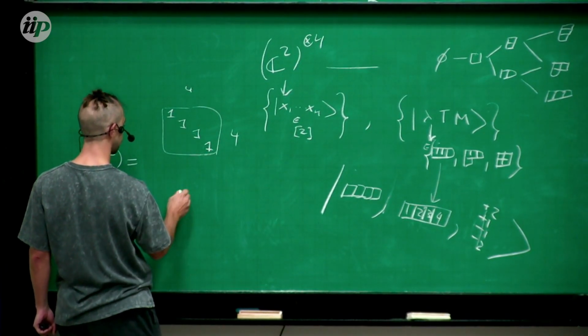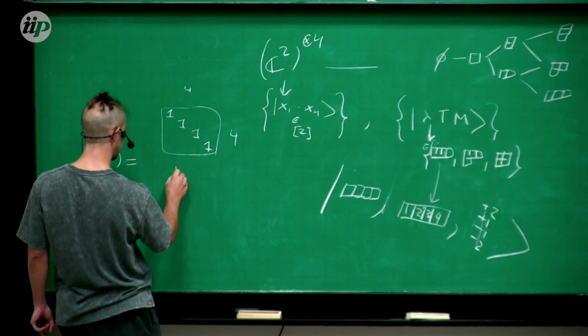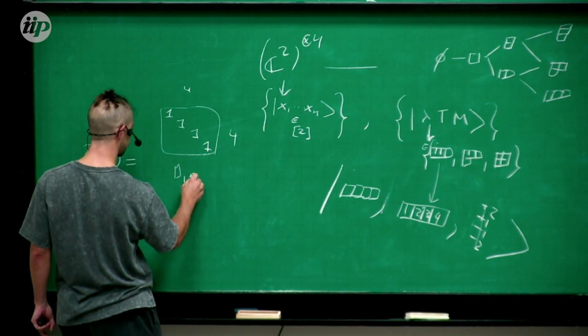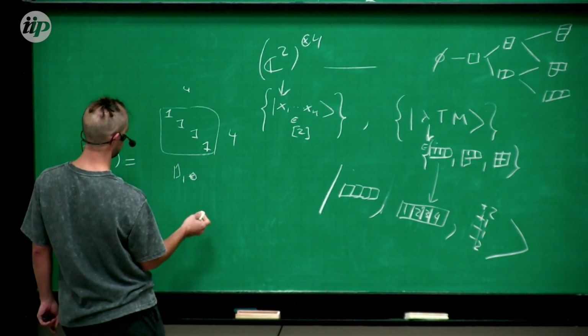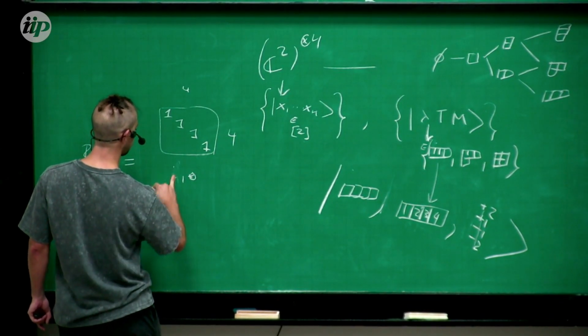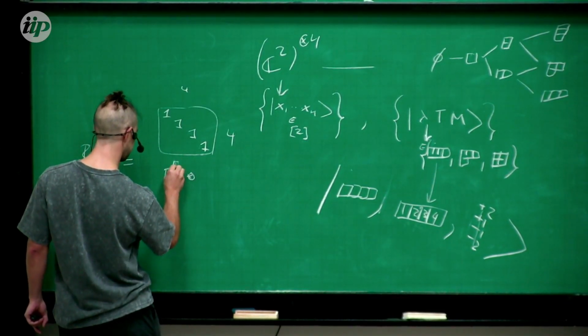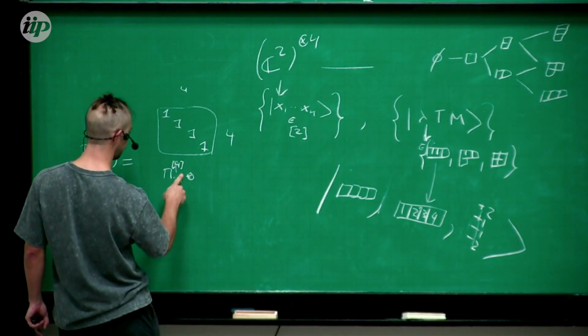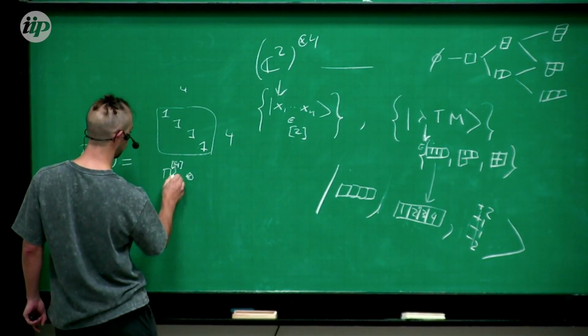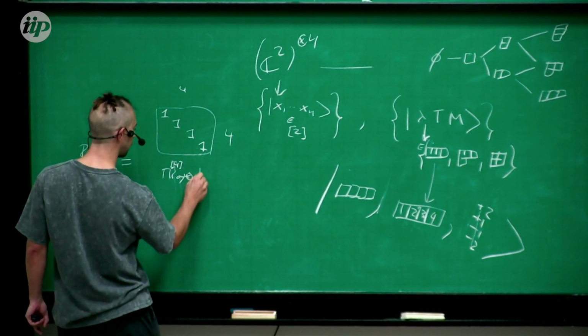So this is something like identity tensor. Sorry, it's like R lambda, but lambda being this partition (4), which is trivial. It's a 1x1 matrix of sigma, tensor identity 4.